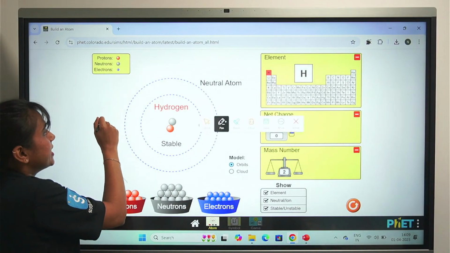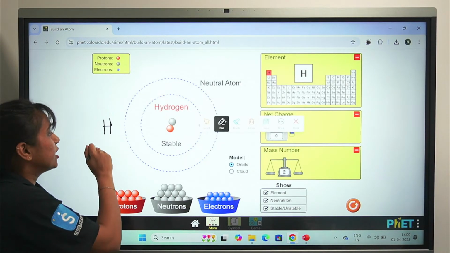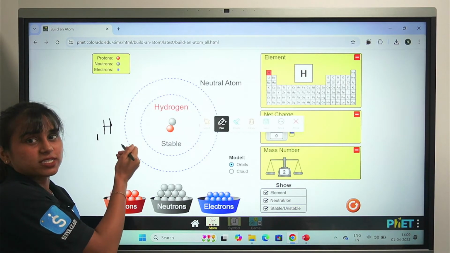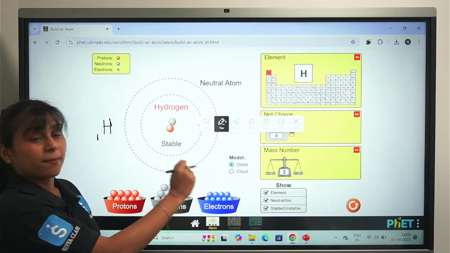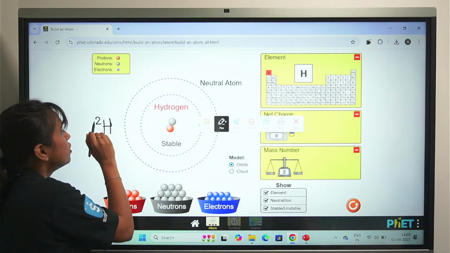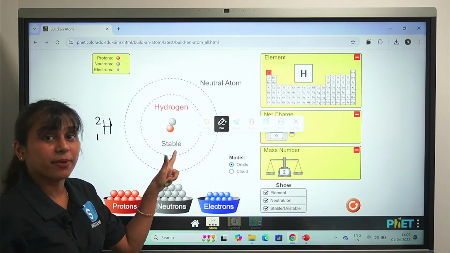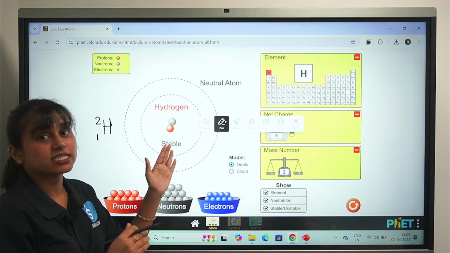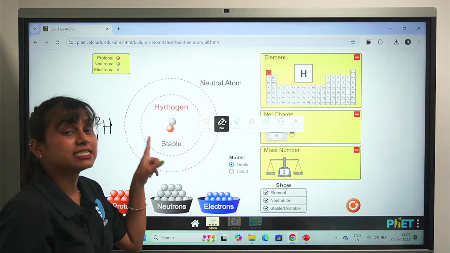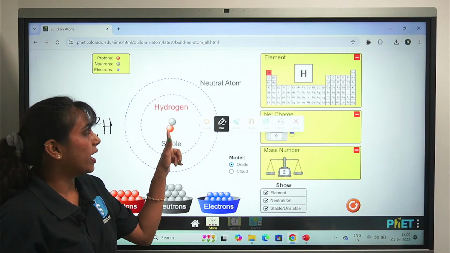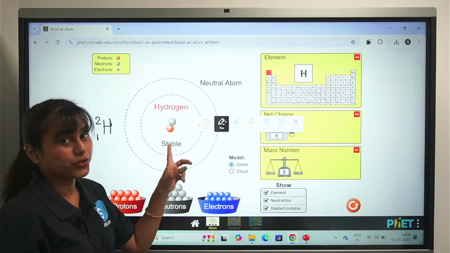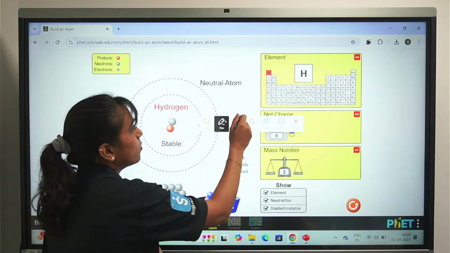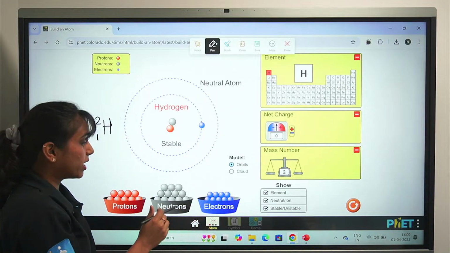Now how will I write it? H. The atomic number is still 1 because the atomic number is the number of protons, but the mass number has changed to 2 and it is still stable. You see that this is an isotope of hydrogen which is still stable with 1 proton and 1 neutron. Now let's see what happens if we add one more neutron.